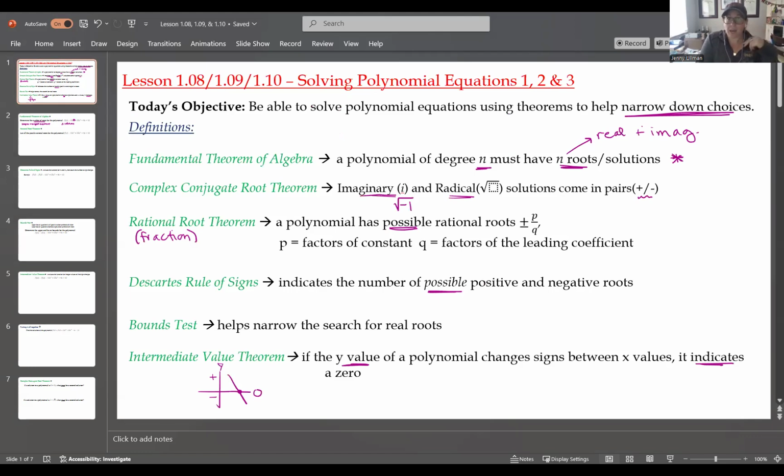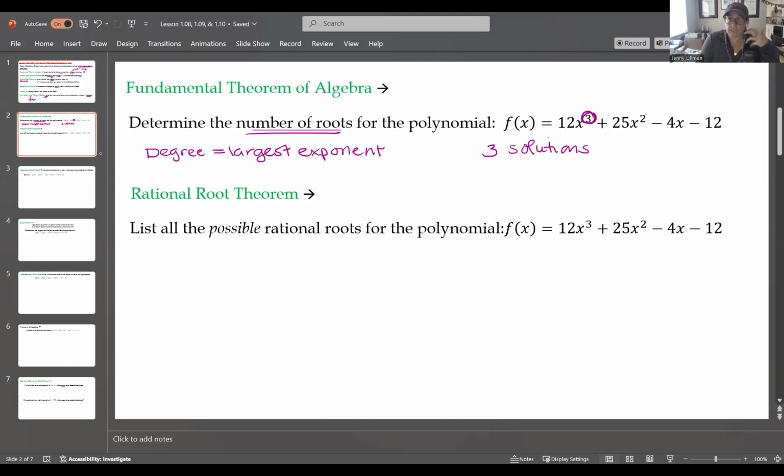Those have to come in pairs, which means in order to get 3, I could have 2 imaginary answers and 1 real answer, or I could have 0 imaginary and 3 real. When I add these together, I have to get a total of 3.